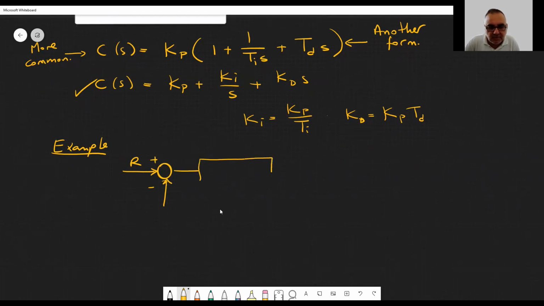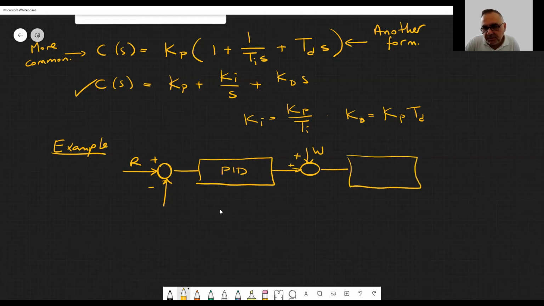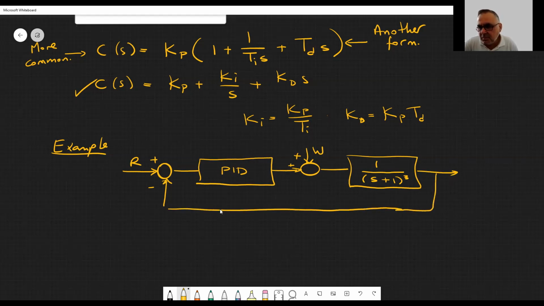So we have a PID controller. We have a disturbance also on the system, W. Now, this will be our plant. I will be using 1 over (s plus 1) cubed. It's a third order system. I think I have used this for stability before. This is the response.